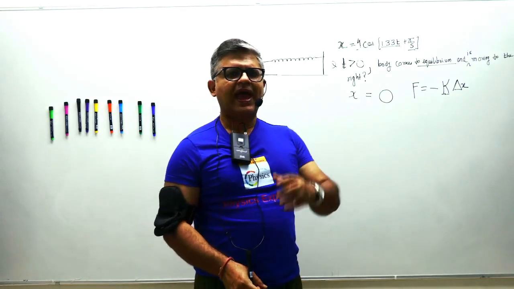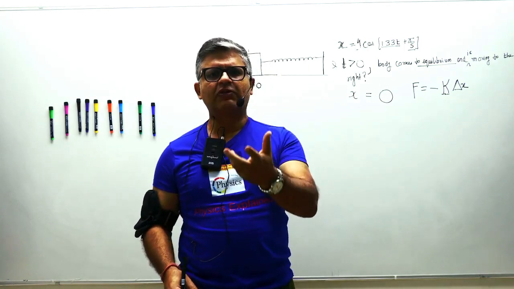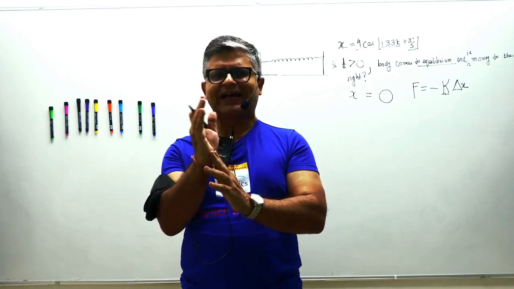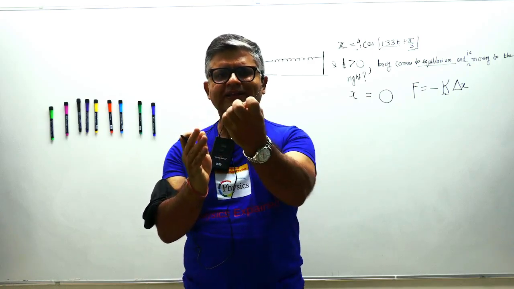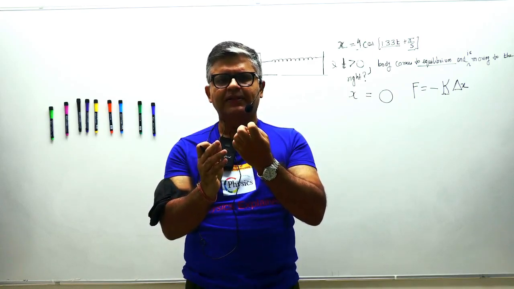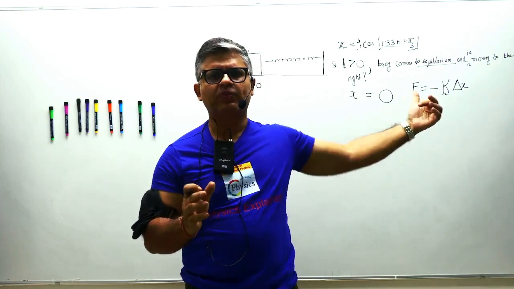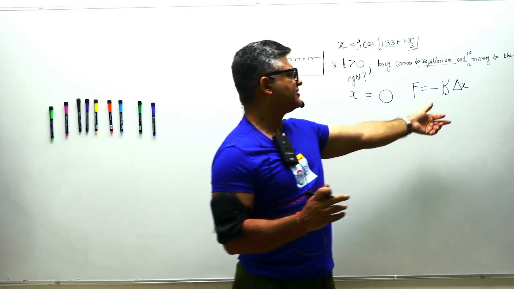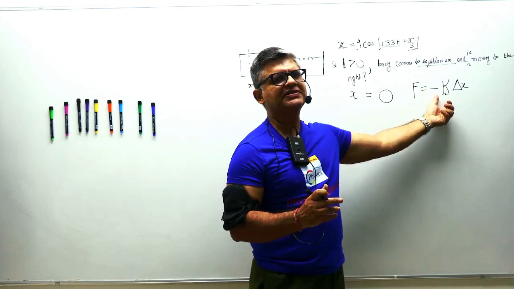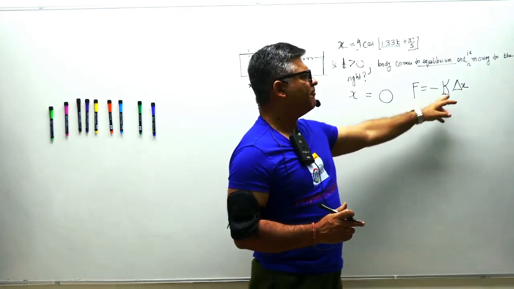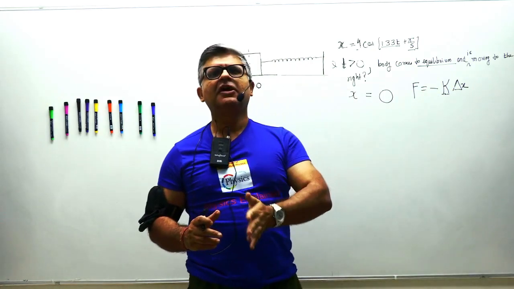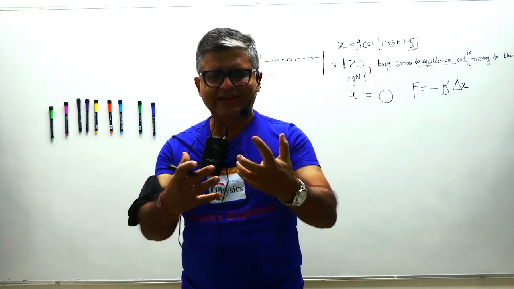So at x equal to 0, you have equilibrium. When you move slightly by delta x, you get a restoring force back. That's simple harmonic motion for you from the spring. The more the delta x, the more the restoring force.